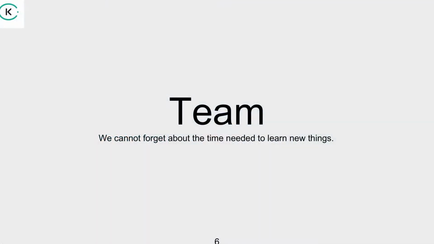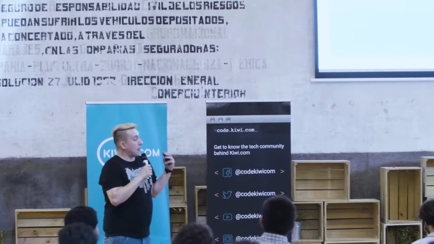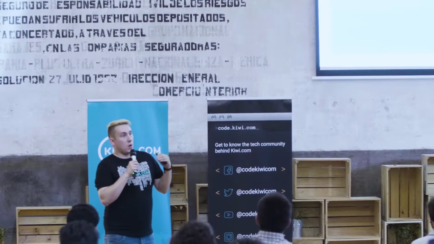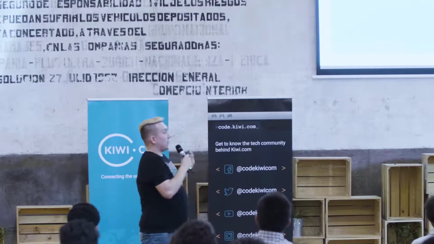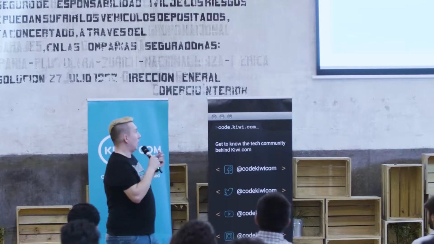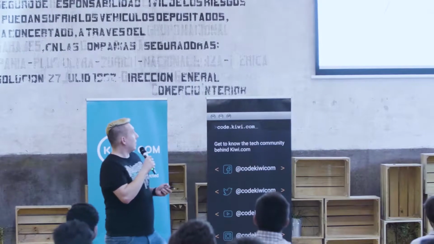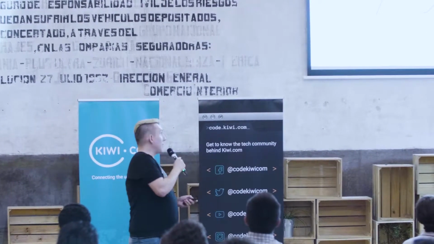Okay, the most important thing when you go to refactoring is the team. When you have a team of developers, you need to count on the fact that every developer needs time to learn new things. We struggled with this a lot because we have something called a learning curve.